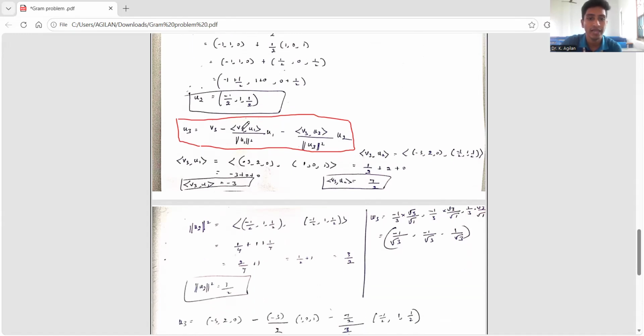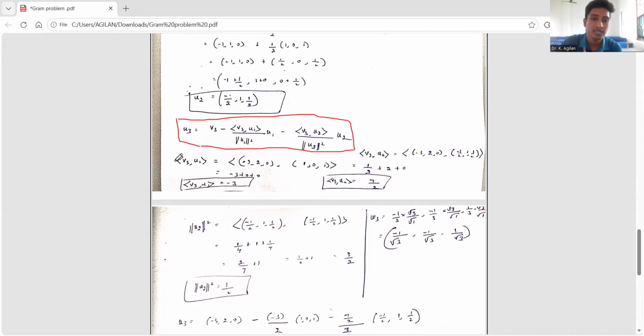So again, we need to find the inner product of V3 comma U1, the inner product of V3 comma U2, and also the norm of U1 square and the norm of U2 square. Substitute all these values and we can get the value of U3.